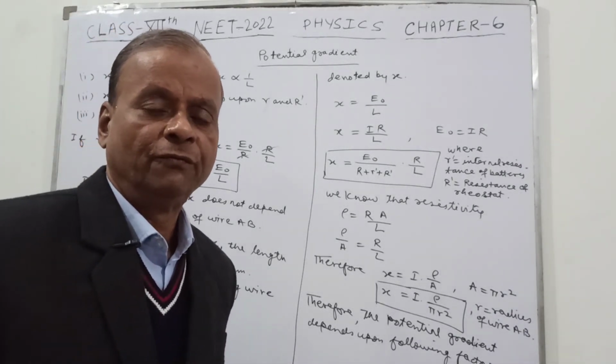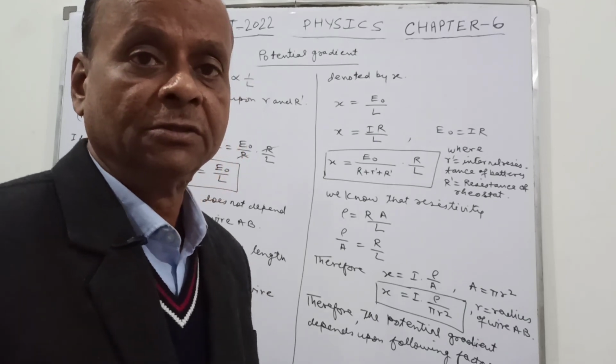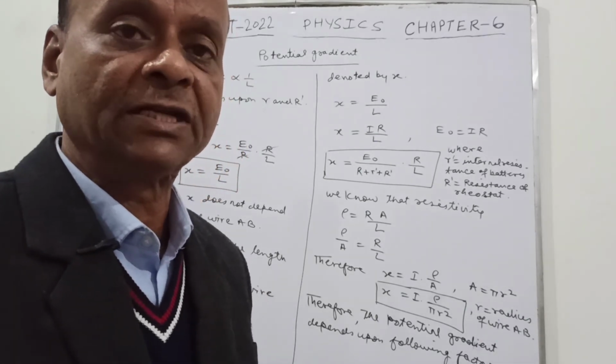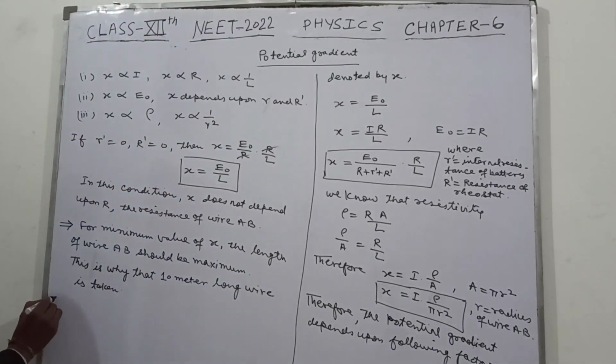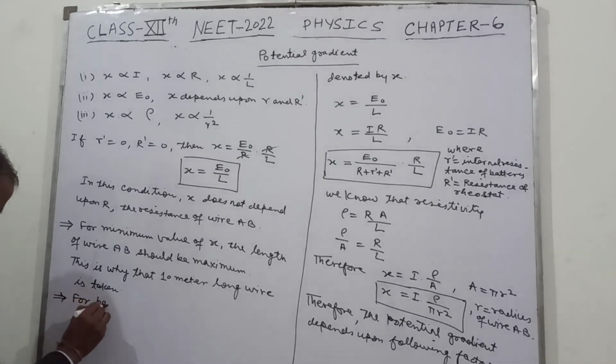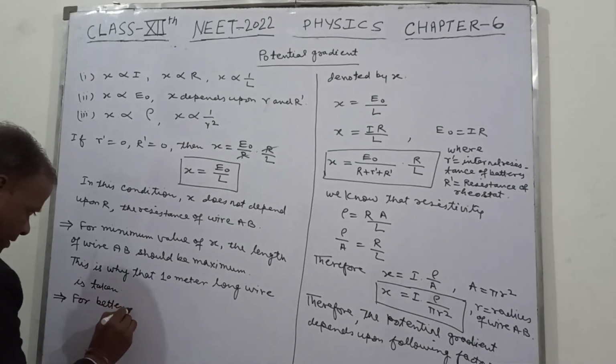So for better measurements by the potentiometer, the potential gradient must be minimum.